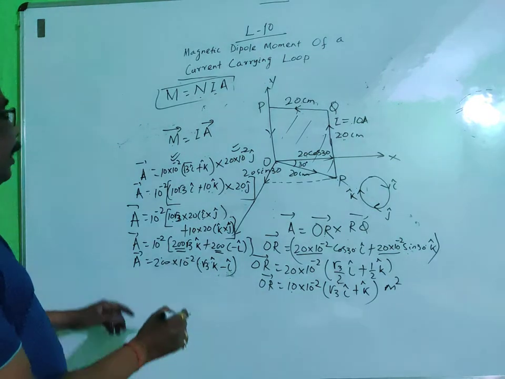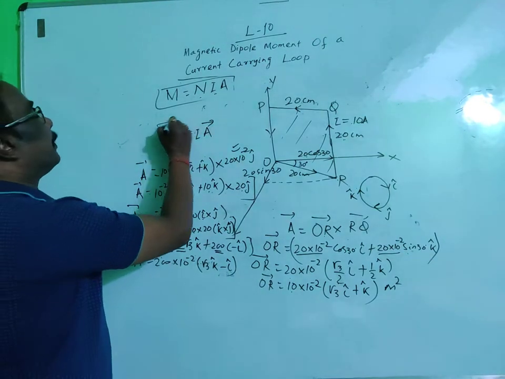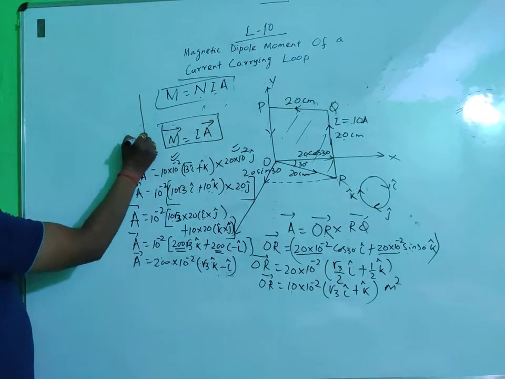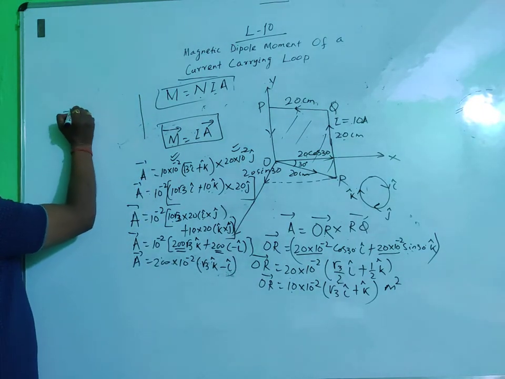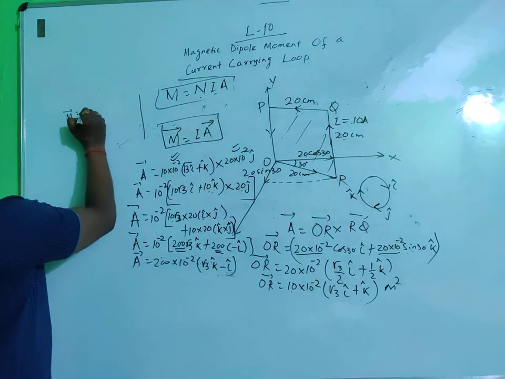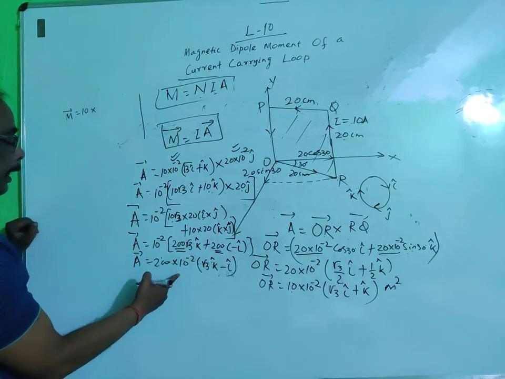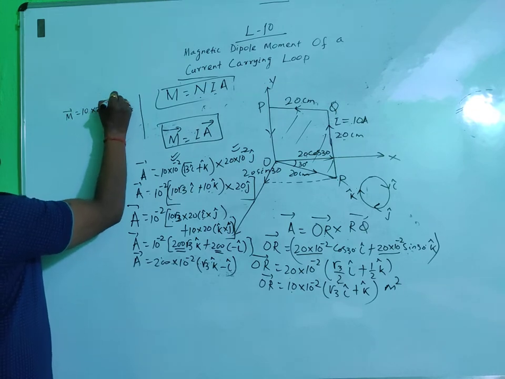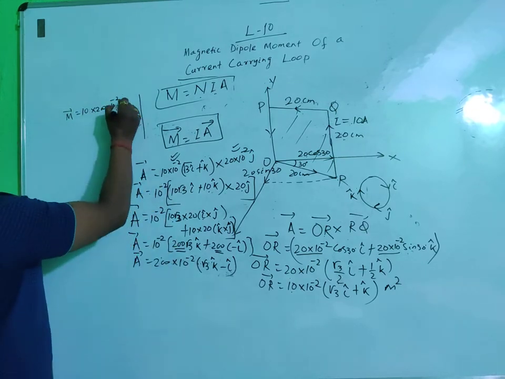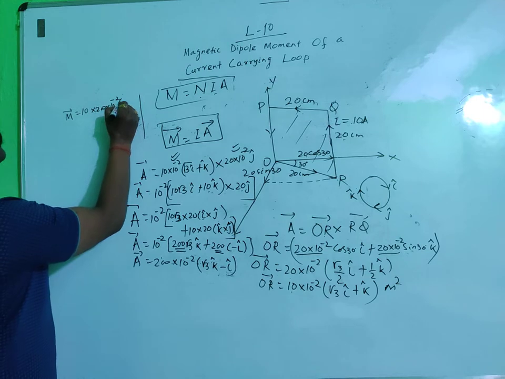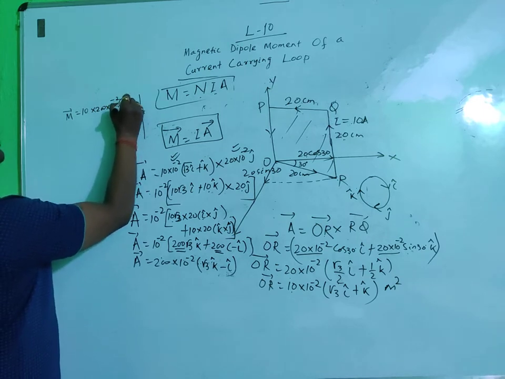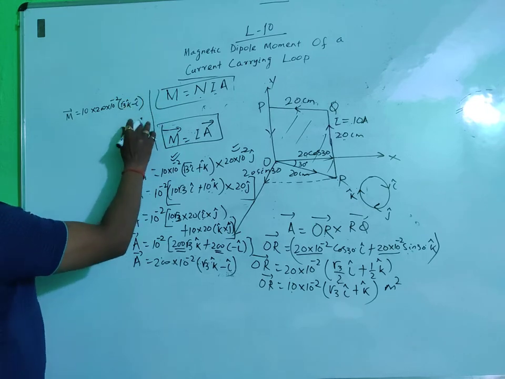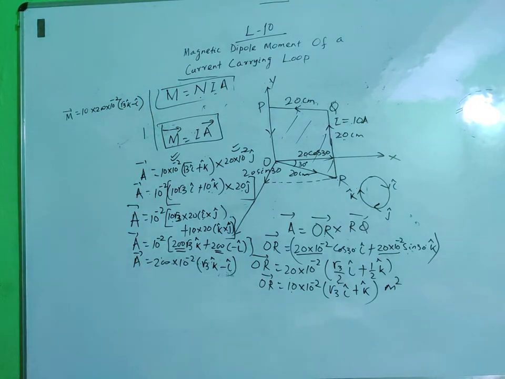Fine. Then what is the magnetic dipole moment? Magnetic dipole moment is I cross A. Current is 10 ampere. Area is 200 into 10 to the power minus 2 into root 3 k cap minus i cap. Now calculate.